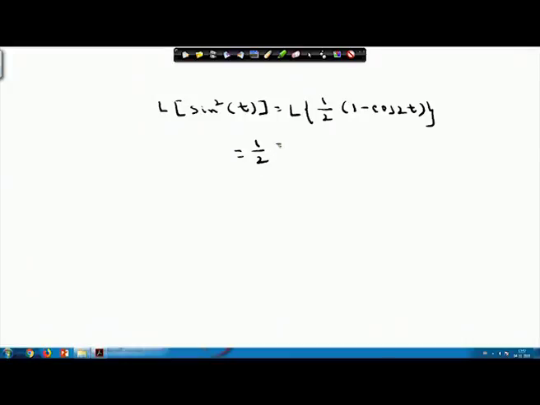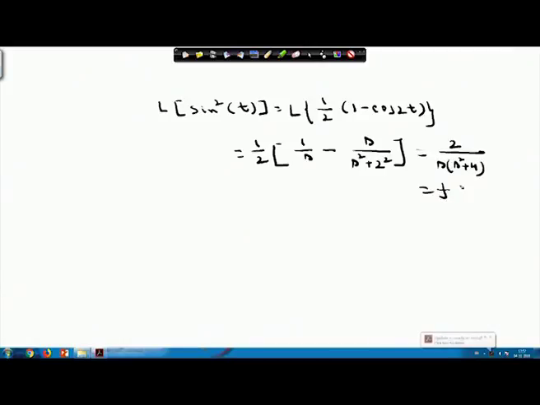So, half into 1 by s, since the Laplace transform of 1 is 1 by s, minus s by (s square plus 2 square), that is (s square plus 4), and this equals 2 by s into (s square plus 4), and this is again F(s).